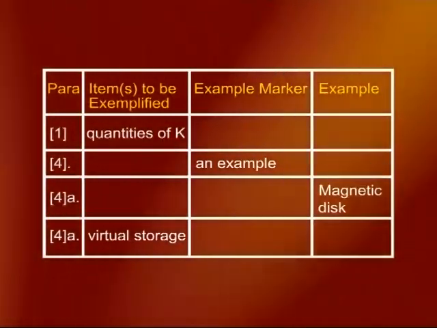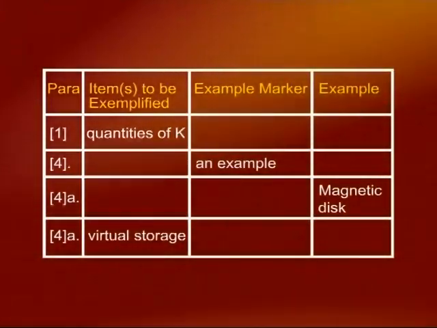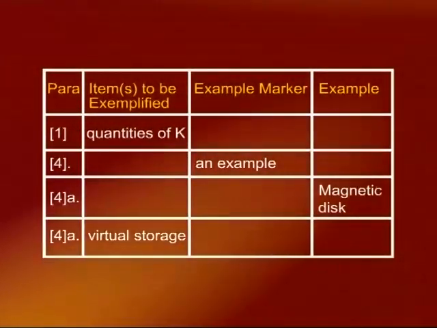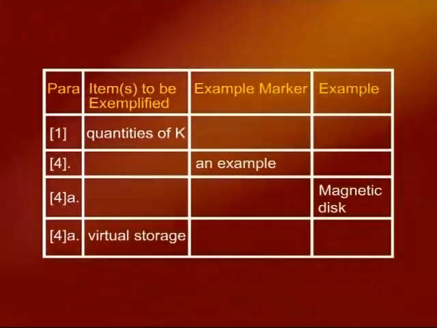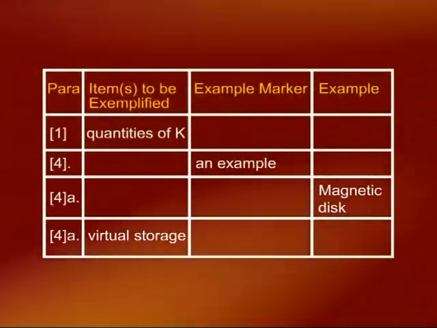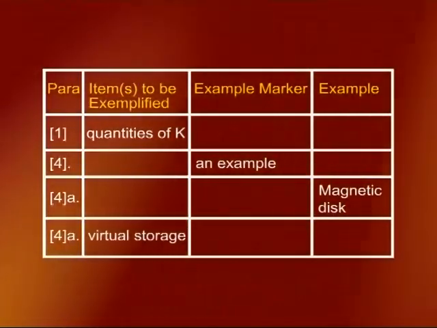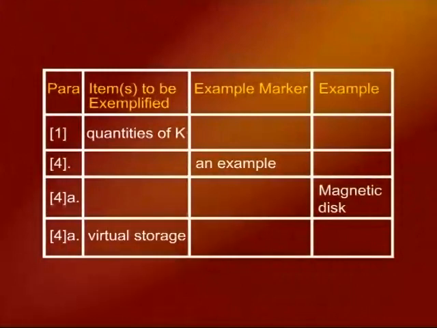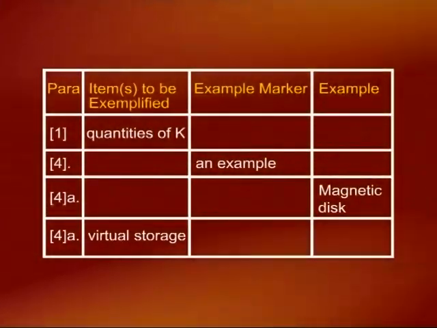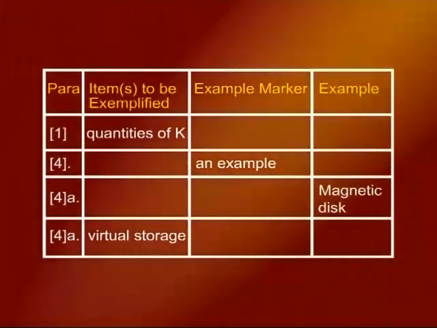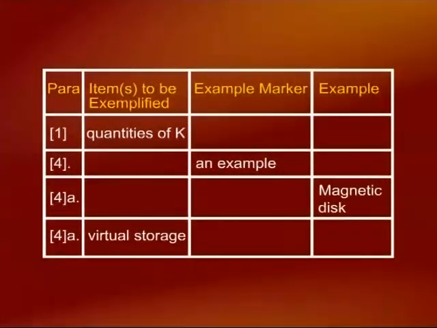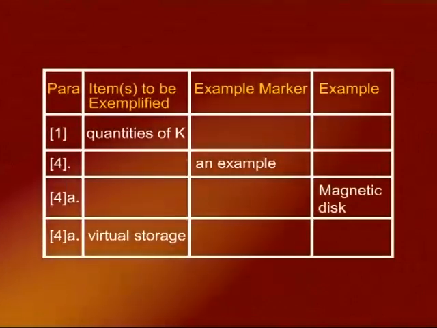Then there's a column for the connective, the word that is used to mark an example. And in the third column, you have to fill out the actual example as it is given in the text. In paragraph 1, the item has been given to you. The item is quantities of K.